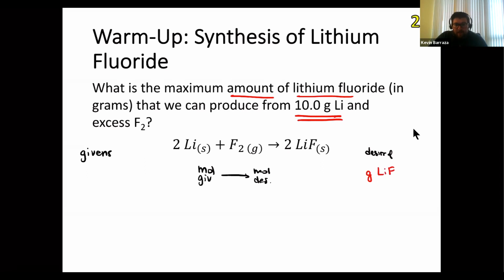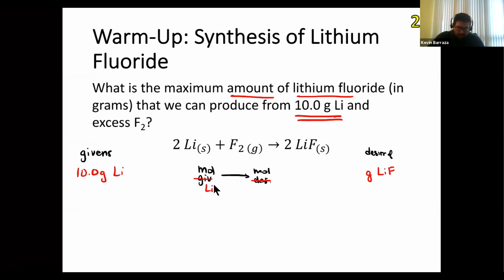So therefore, by process of elimination, the given is going to be 10.0 grams of Li. And since there's excess F2, we don't have to worry about it. But now that I've written my given and desired, I now know what chemical to label as the given. So I'm going to relabel my central theme with that as well. The given is lithium.